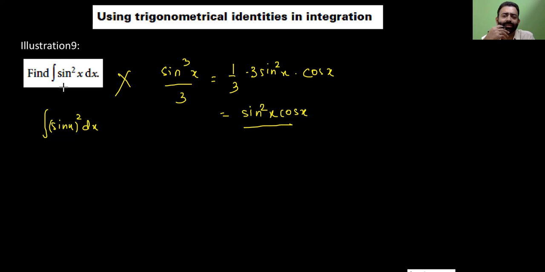Sine square x doesn't come under sine 2x, nor tan 2x, but there is one formula which involves sine square x and the double angle, which is cos 2x, that we have learned in the chapter trigonometry.